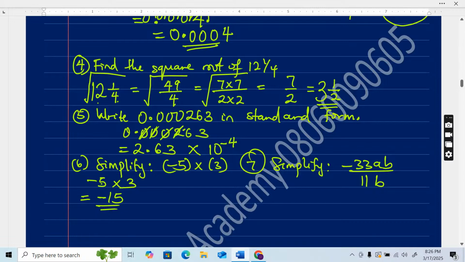So pay attention and listen to the way I'm going to simplify. B cancels B, all right? 11 into 11, that's 1. 11 into 33, that is 3. All right, minus 3 times A, that's equal to -3A.